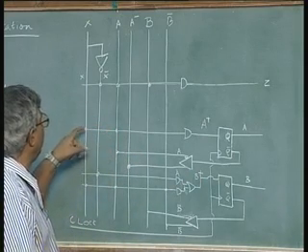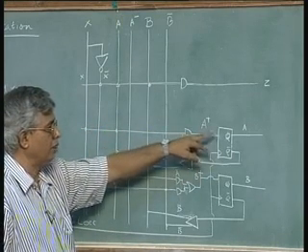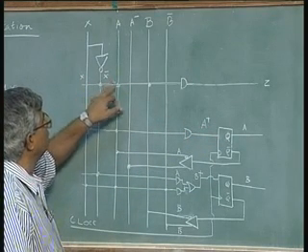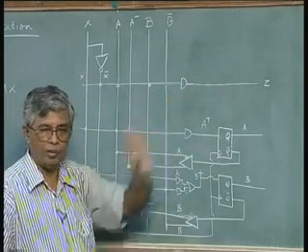A and X gives you the next state variable A plus. X bar A B gives the output variable Z.